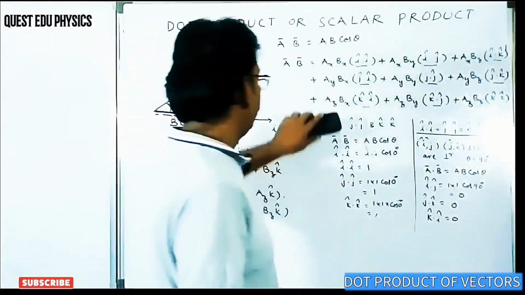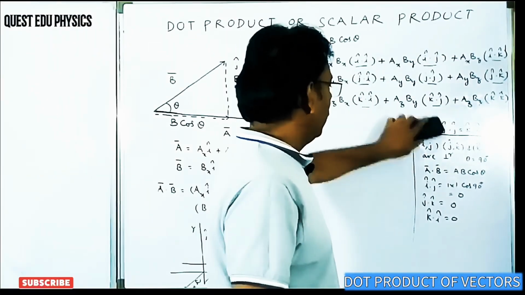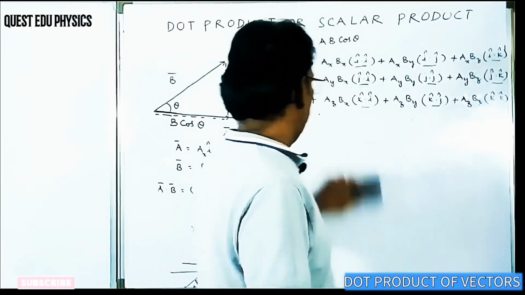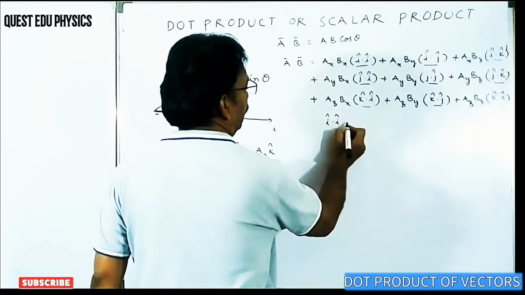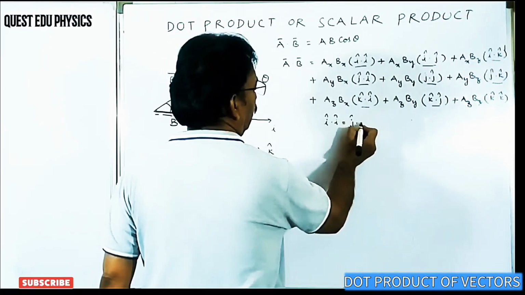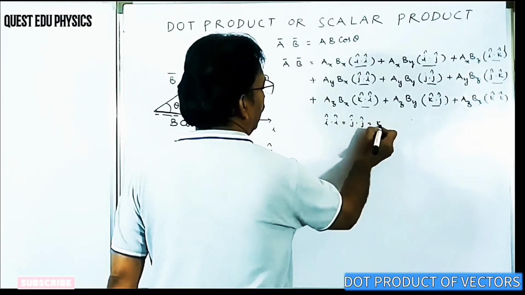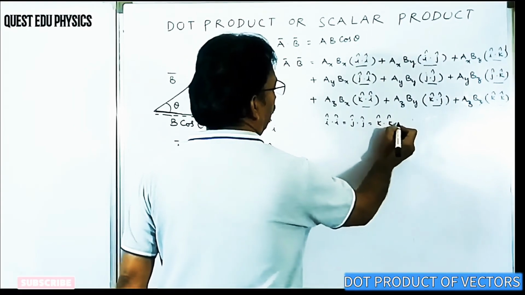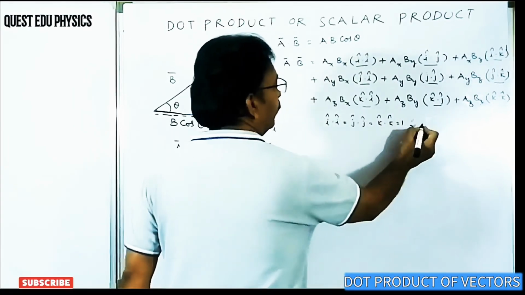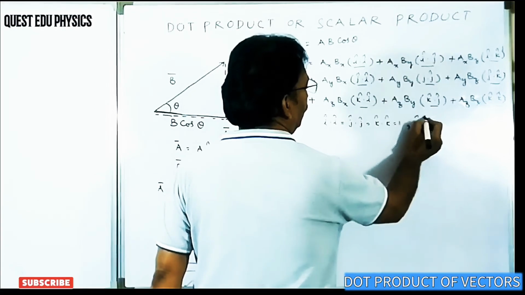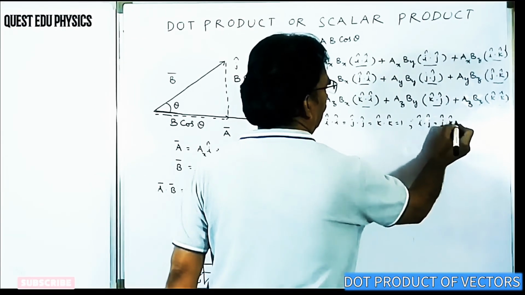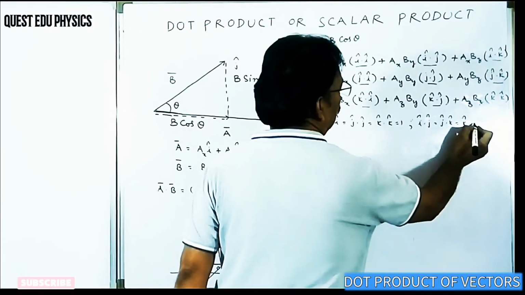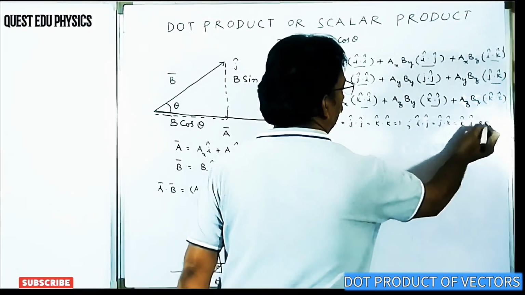By this, you learn that i cap dot i cap is equal to j cap dot j cap is equal to k cap dot k cap is equal to 1, and i cap dot j cap is equal to j cap dot k cap is equal to k cap dot i cap is equal to 0.